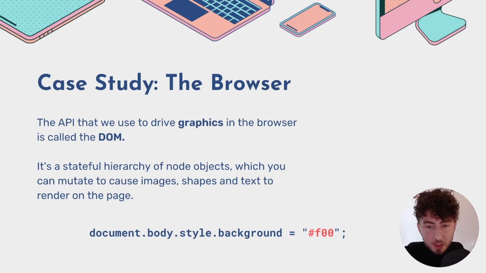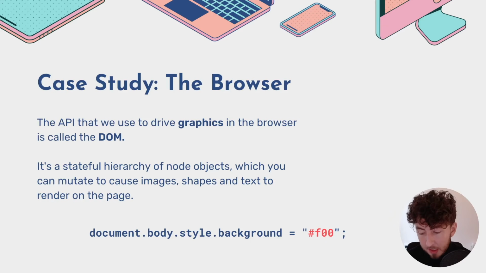So you have an outer HTML tag, inside that you have a body, inside that you have potentially a whole bunch of different tags of divs and titles and whatever. So you essentially mutate this giant stateful object, which is stored in the browser. And those mutations that you do cause images and shapes and text and things like that to be rendered on the page.